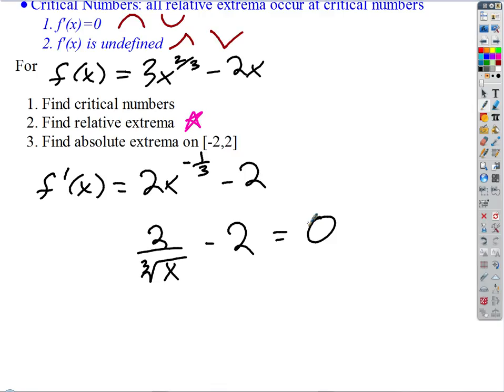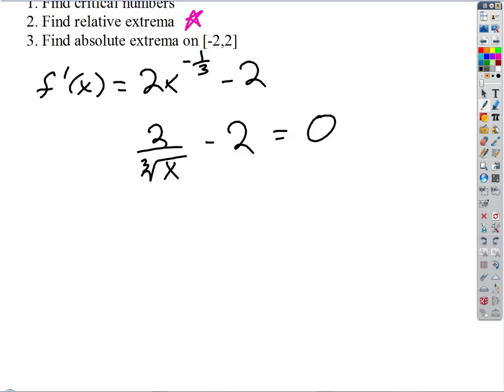And solve. So how do we solve this equation? We're going to do a lot of this kind of stuff, solving equations, because we're always going to set the first derivative equal to 0 and solve. So you're going to get more algebra practice. What would you do to isolate that x? There's a lot of ways you could do it.